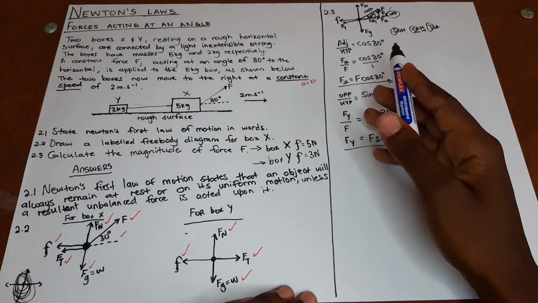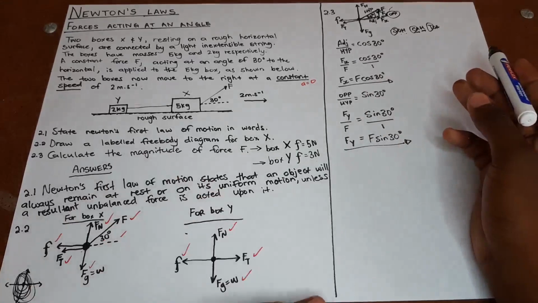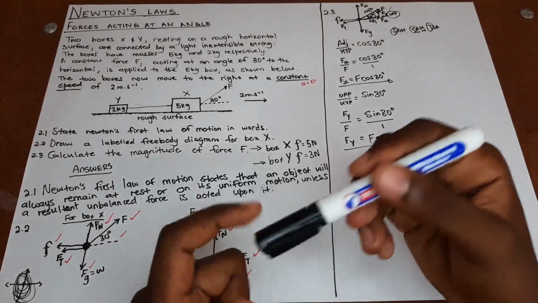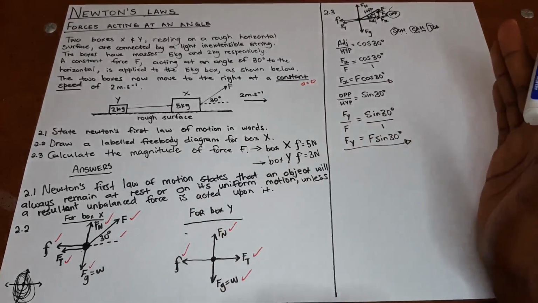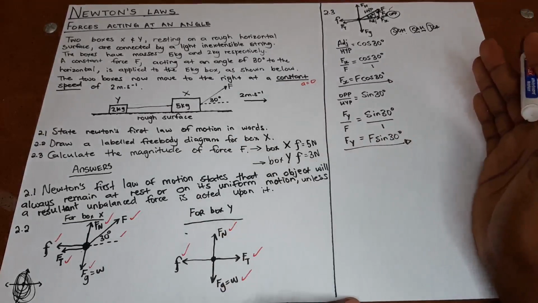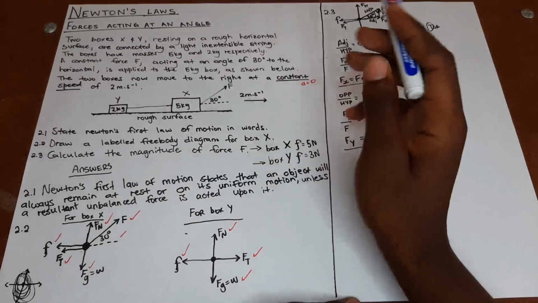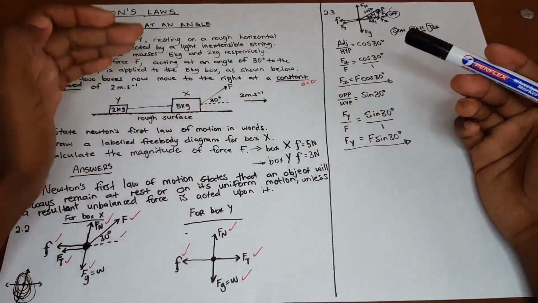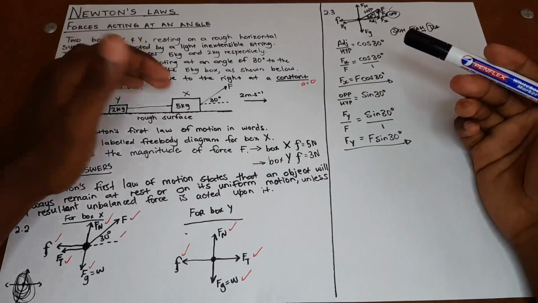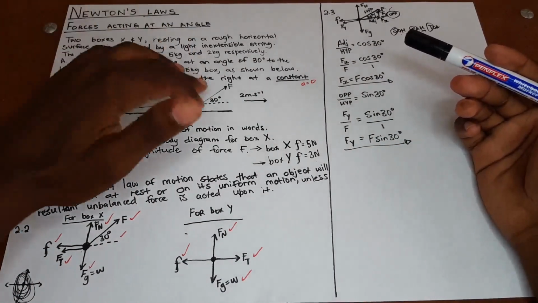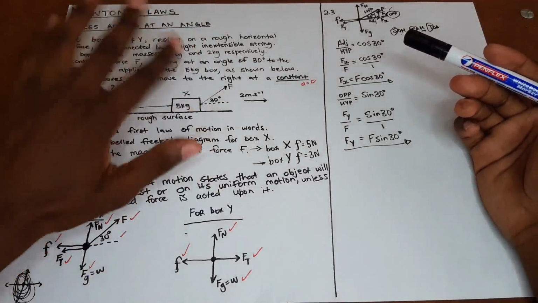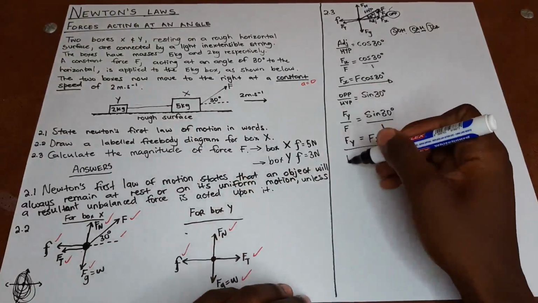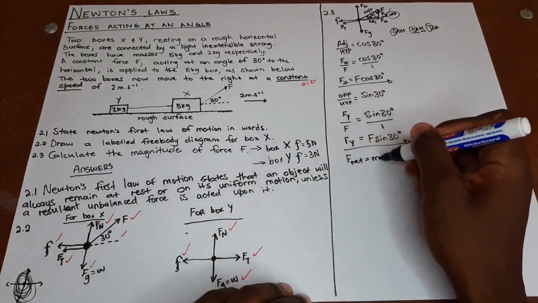Looking back, they said you must calculate the magnitude of force F. In order for us to calculate the magnitude of force F, the very first thing you should regard is that these two blocks are moving horizontally, meaning you are going to say F net equals MA.